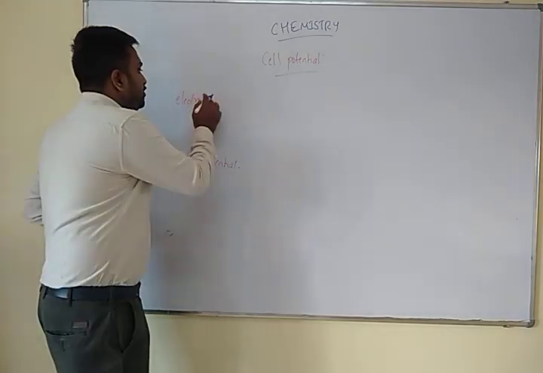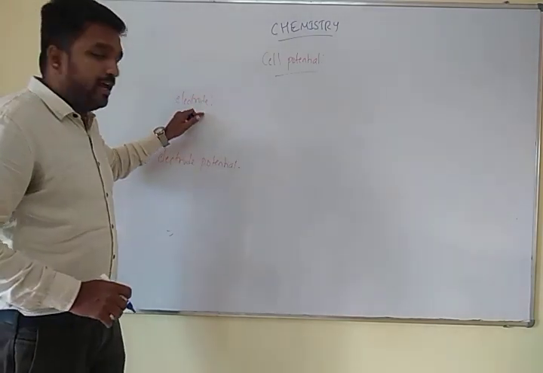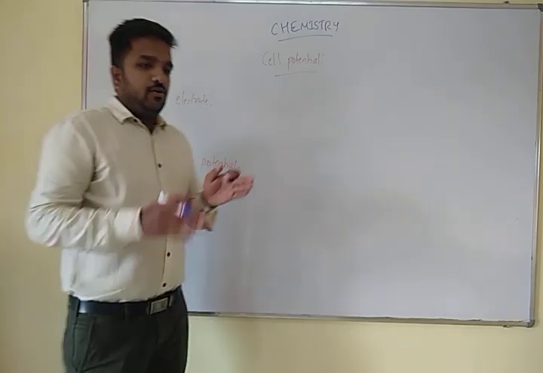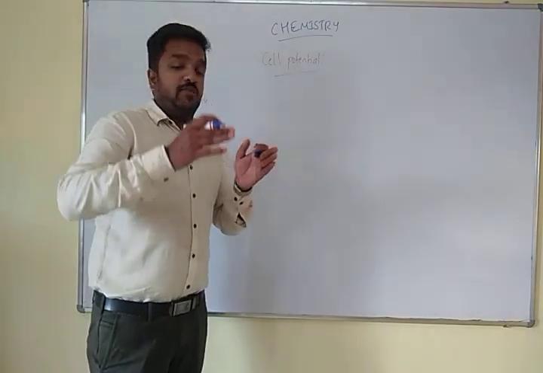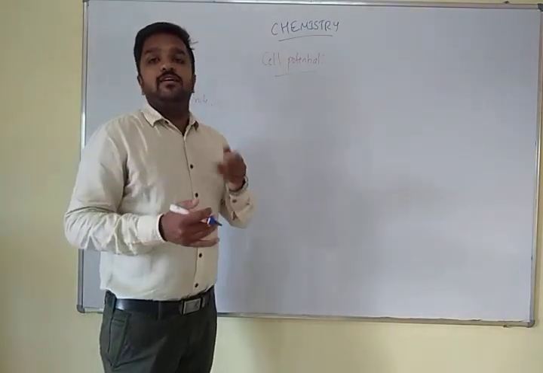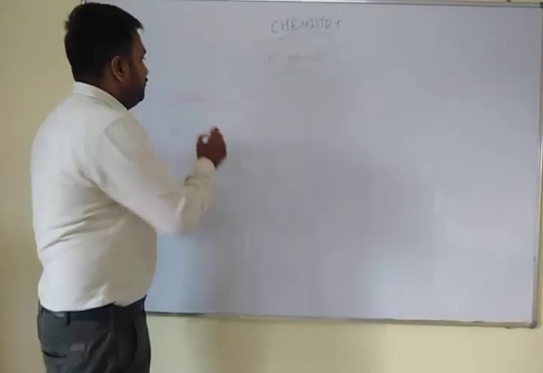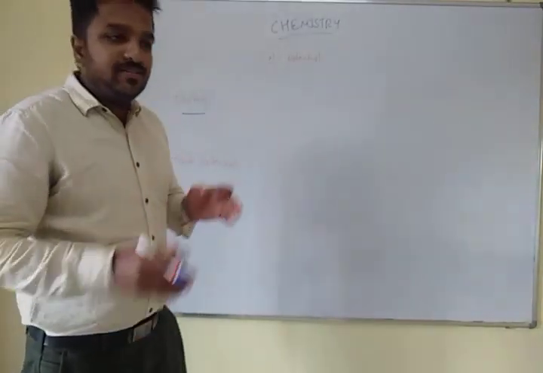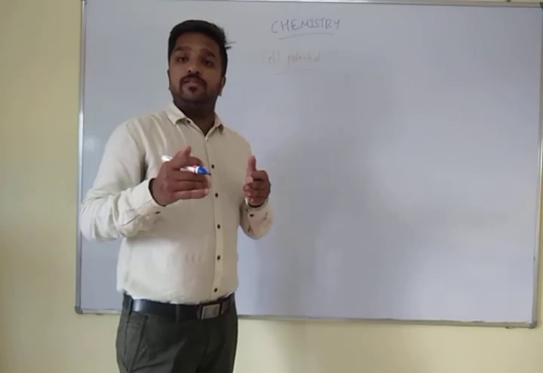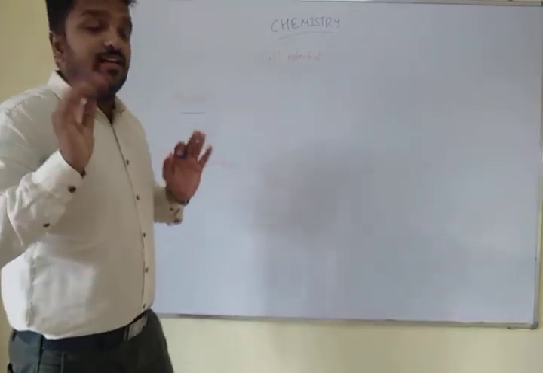As told you in the previous video, what do you mean by electrode? Electrode is when a piece of a metal or a metal rod is dipped in the solution of its own ions, we call it an electrode. That means a zinc rod is dipped in Zn2+ ionic solution. So that is a zinc electrode.